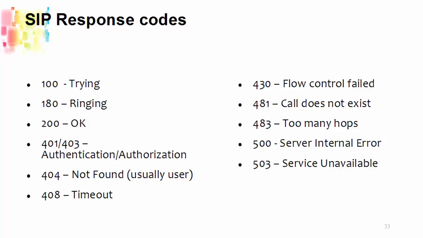404s are not founds. Those are usually users, and what can happen there is if a user's registration happens to expire or if they're no longer registered, and you try to make that call in just the right window. It can happen for conferences, but much less often. The ones we see most often in environments are the 408s and the 430s, the timeouts and the flow control failed.